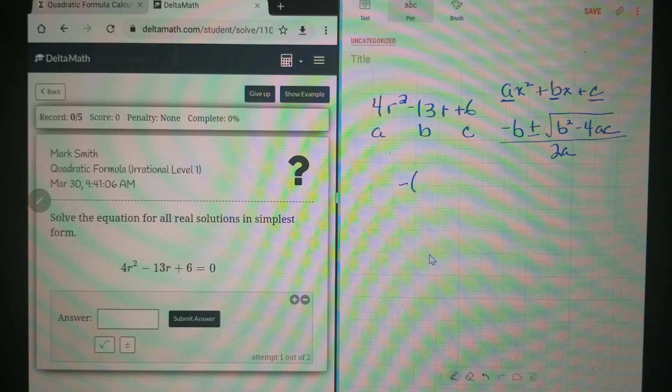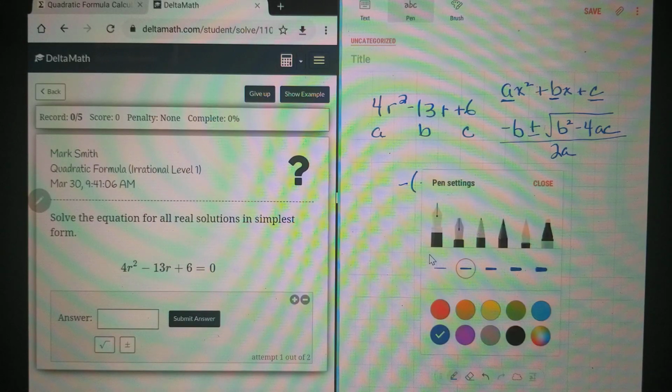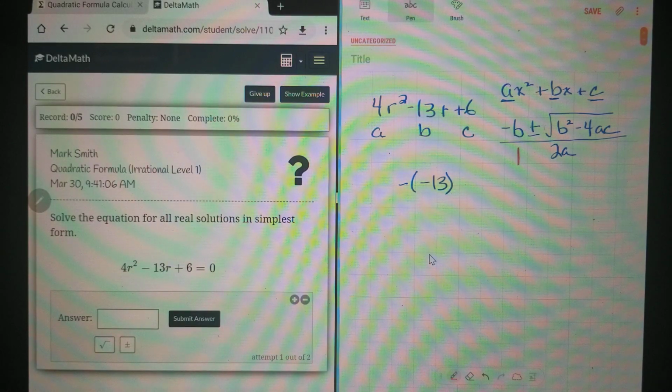Notice I'm using parentheses. That's my B, this guy right here. And then I have plus or minus and this radical sign.